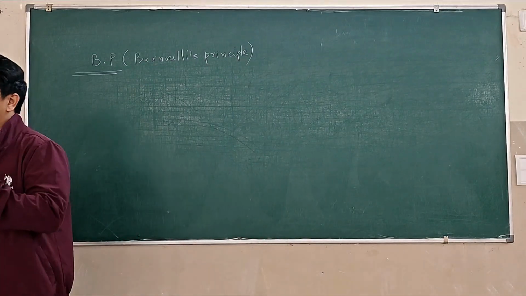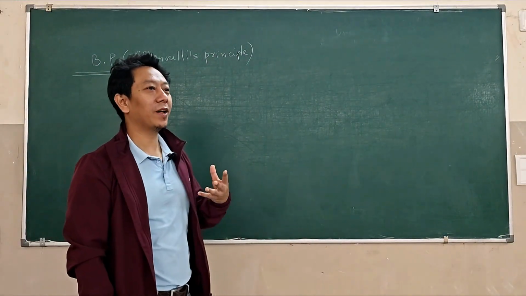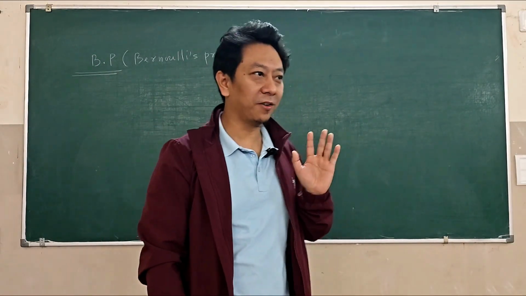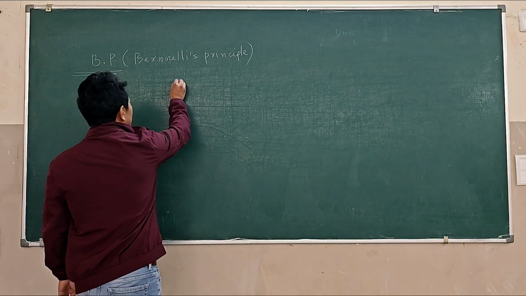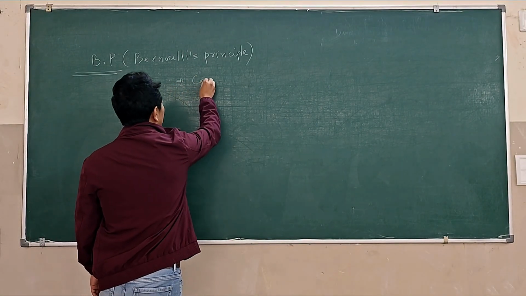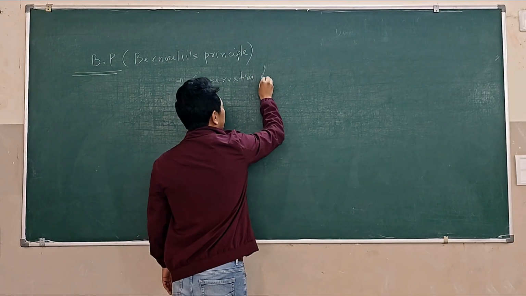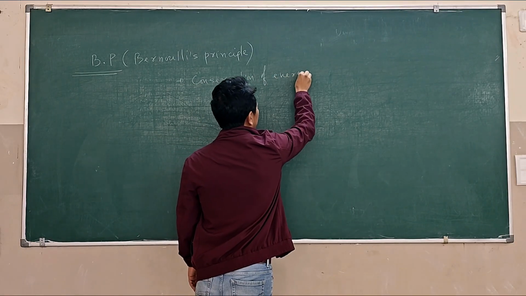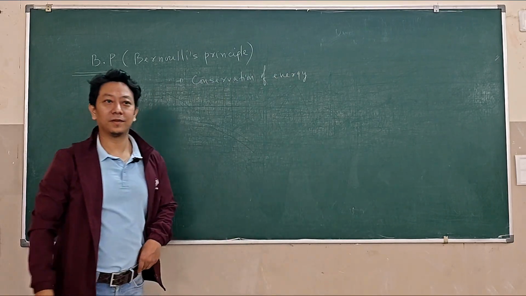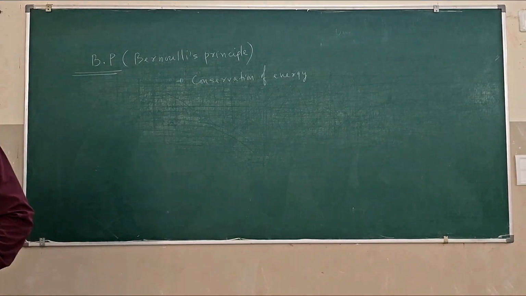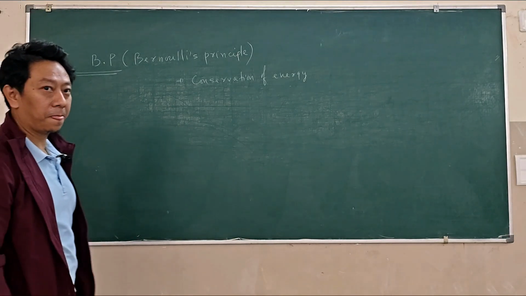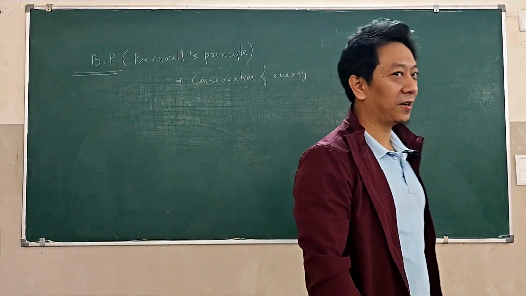In a simple way, equation of continuity is conservation of mass. Bernoulli's principle in simple way is conservation of energy. So first we will try to prove and then we will write the statement.